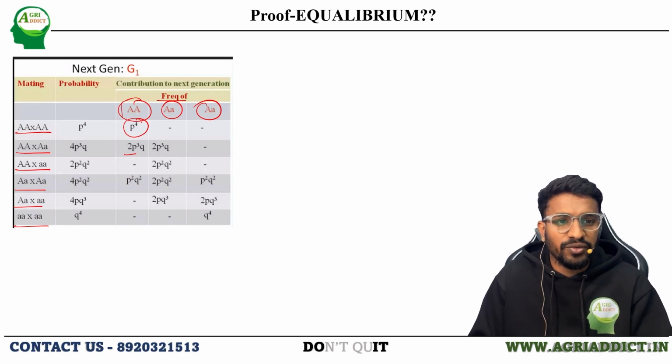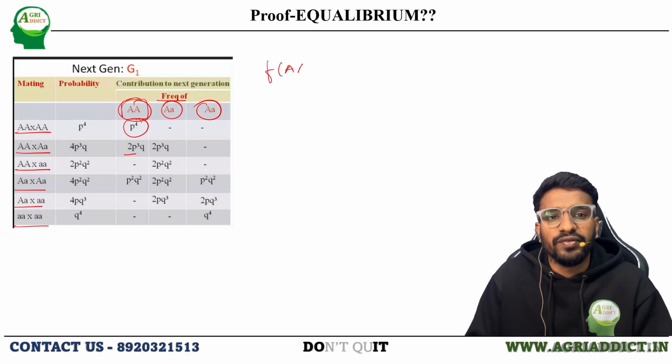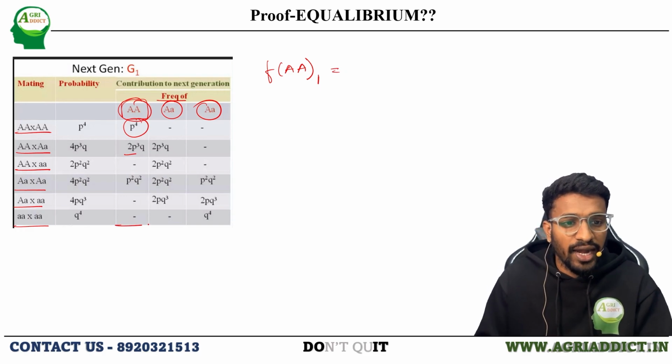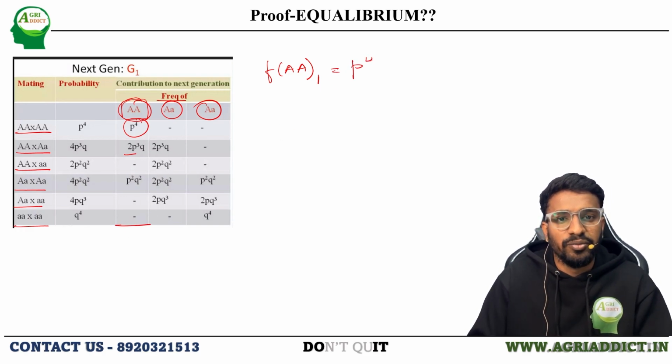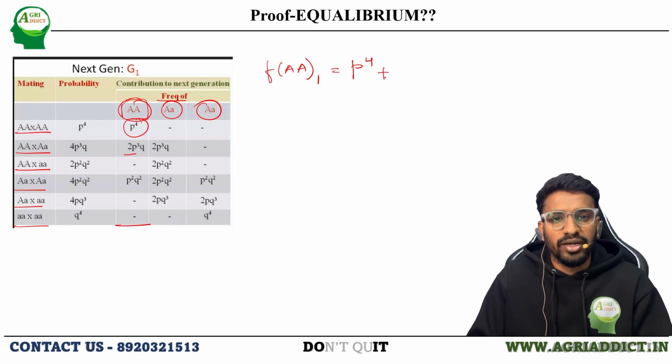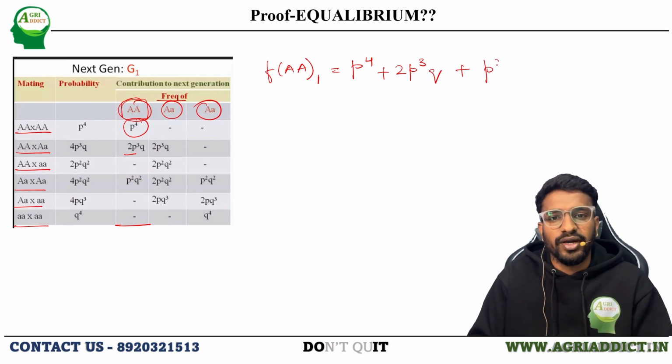So this is the total frequency of capital A capital A in the population. If I want to calculate its frequency in the first generation, what should I do? I should add the individual frequencies: p to the power of 4 plus 2p cube q plus p square q square.